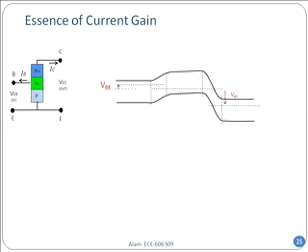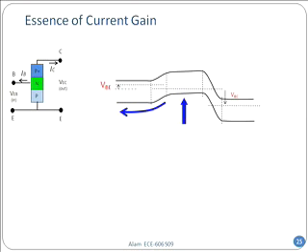I want to explain why the breakdown of a bipolar junction transistor is slightly more complicated than a simple PN junction, because there is an extra amplification involved. Let me explain. First, let me explain the essence of current gain in a bipolar transistor in a very simple way.